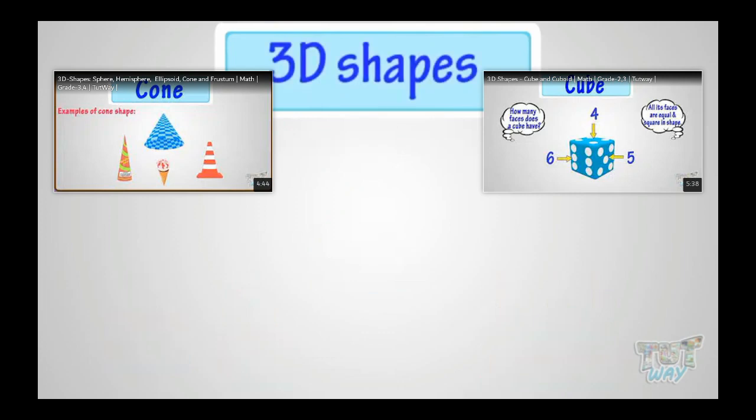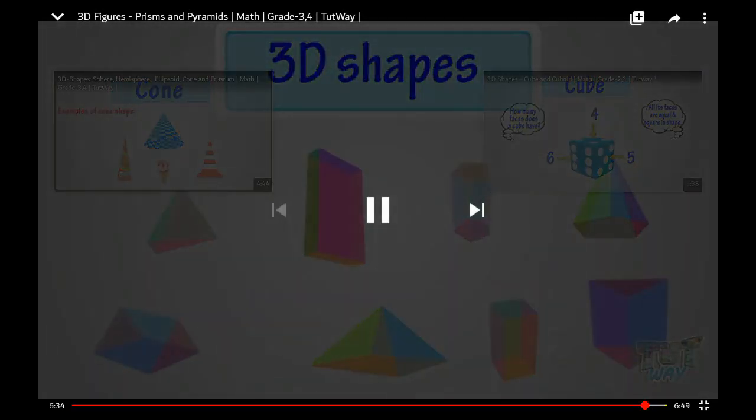Okay, kids, today we learned various interesting things. In this video, we learned the differences between prisms and pyramids. Again, prisms have two bases which can be of any of the shapes: triangle, rectangle, square, pentagon, etc. And all of the other faces are rectangles.